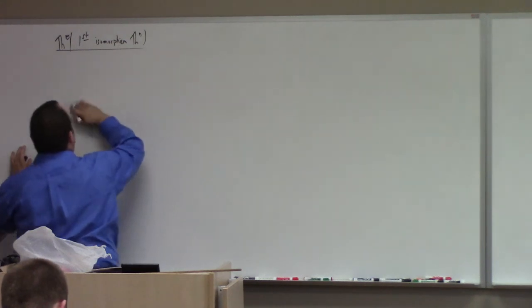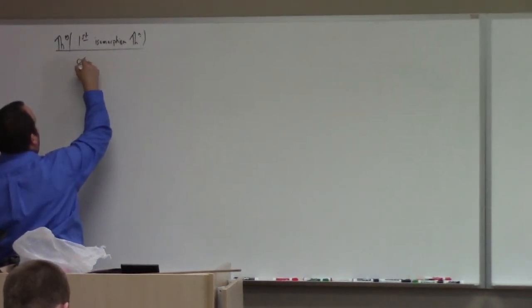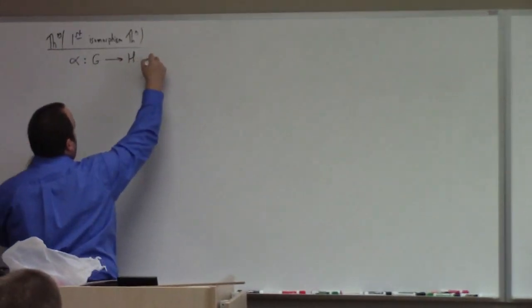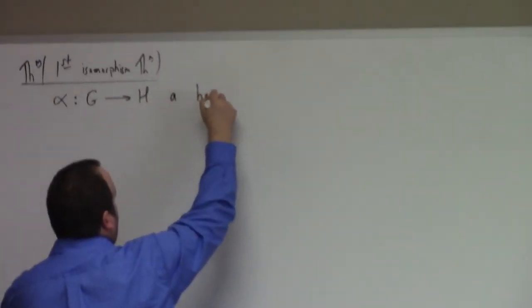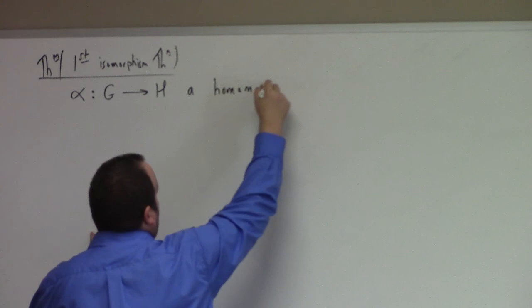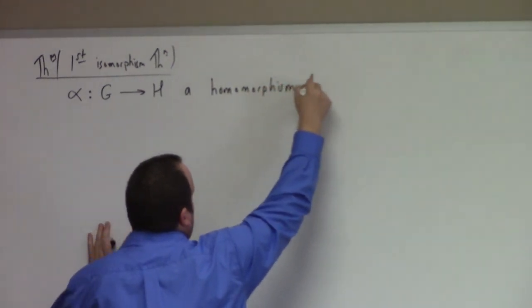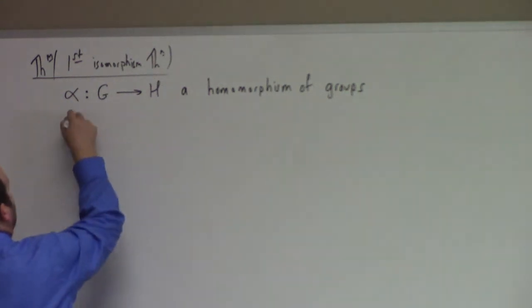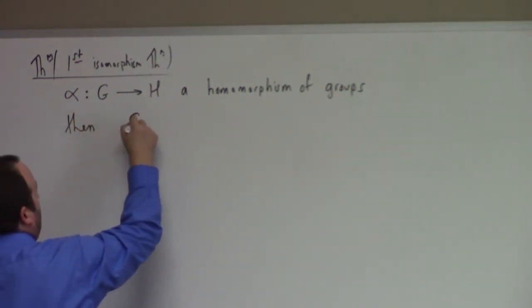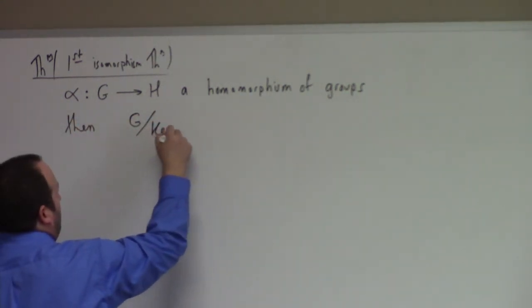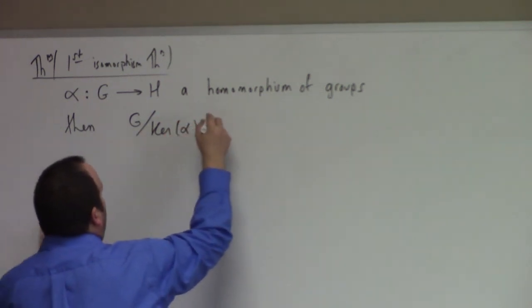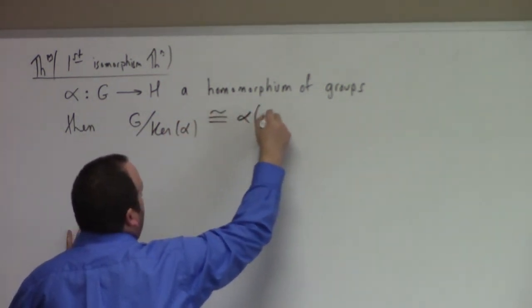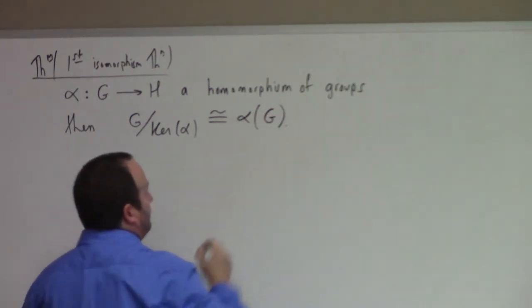It simply states this: if we have alpha going from a group G to a group H, a homomorphism of groups, then G mod the kernel of alpha is isomorphic to the image of G under alpha.